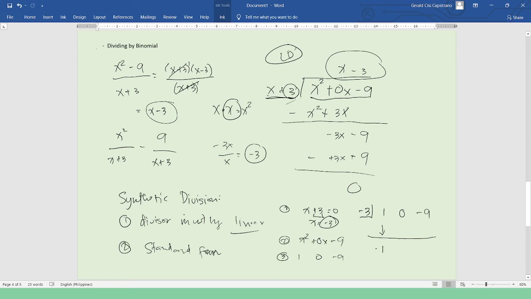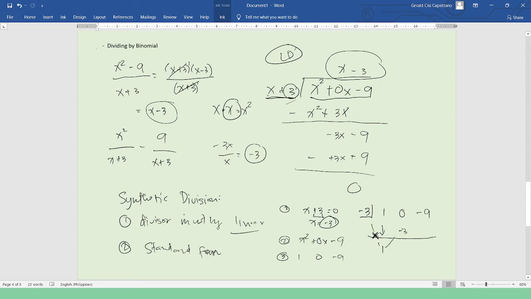Then, next mo, multiply dun sa 3. Multiply mo sila, so -3 times 1. So, that will be -3.